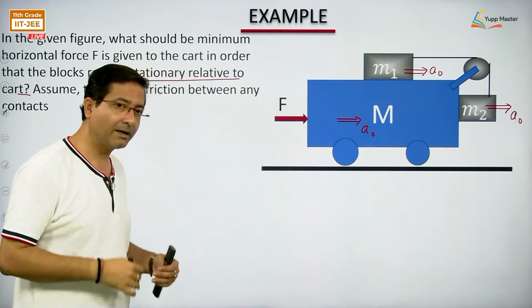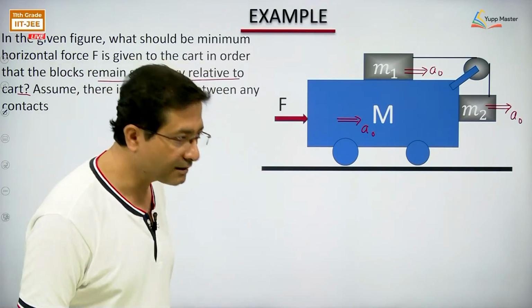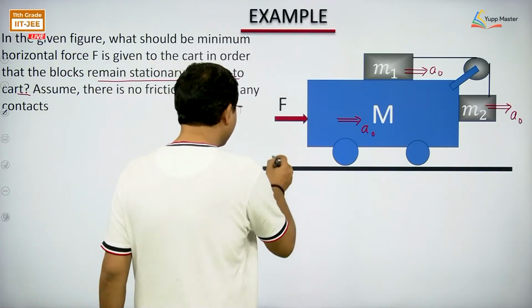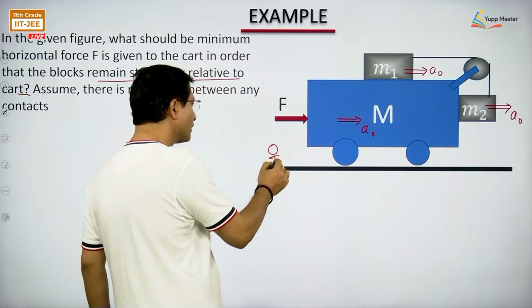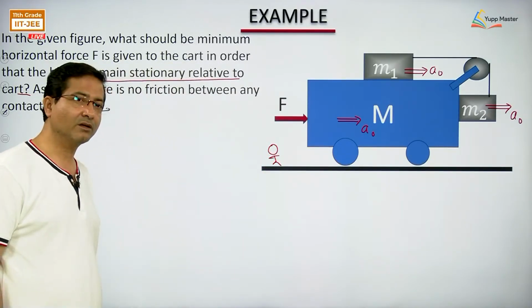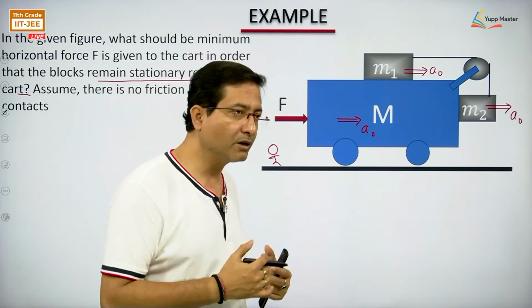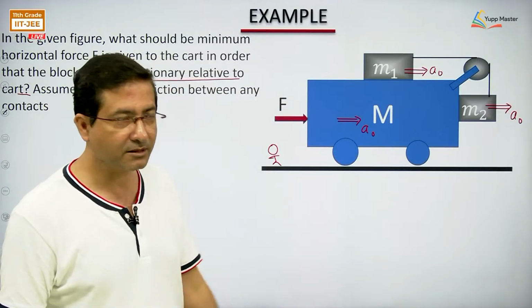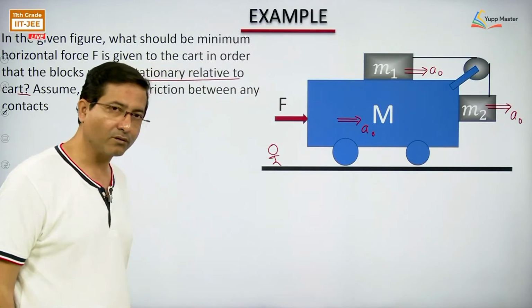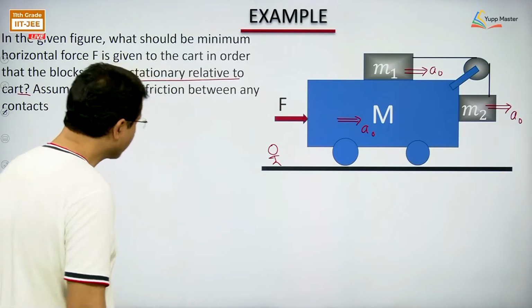So if all have the same acceleration, then obviously there won't be any relative motion. So this is what is observed by a person standing on the ground. He observes that all three components of the system have the same acceleration and they are moving forward.